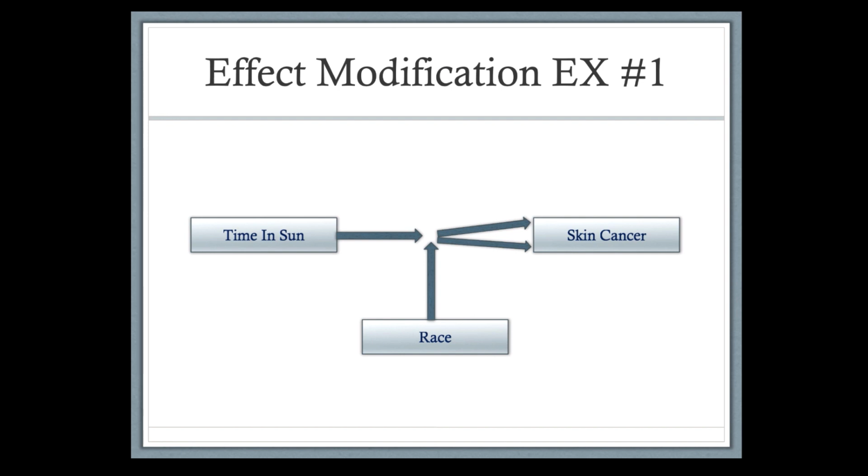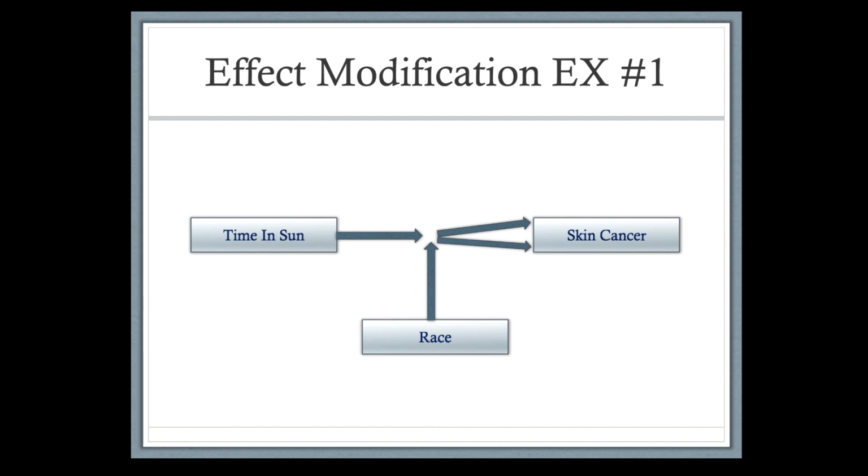Now here, race is quite potentially an effect modifier, meaning the effect of spending 1 hour in the sun on your risk of skin cancer might change depending on someone's race category. And the thought here is that an hour spent in the sun may be more harmful for some than for others. Here we're thinking of race as being a proxy measure for skin tone.